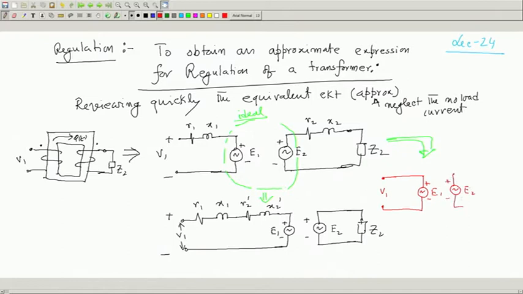Here you do not neglect R1 X1, but push it here, it will be R1 by a square, X1 by a square, and then R2 and X2 do not disturb, and then Z2. This is also correct.